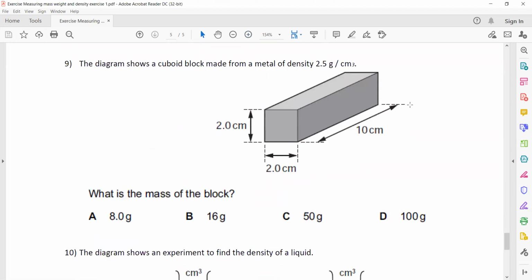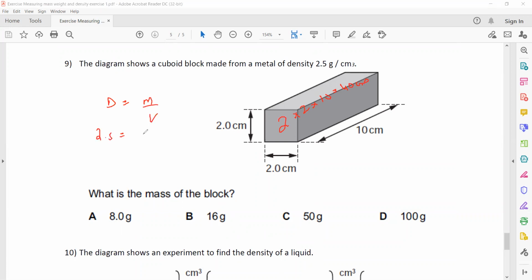In question 9, the diagram shows a cuboid block made from metal of density 2.5 gram per centimeter cube. What is the mass? So how to get the mass? We should get the volume first. So it will be 2 multiplied by 2 multiplied by 10. So it will be 2 into 4 multiplied by 10, 40 cm cube. And we have the formula: density is mass over volume.